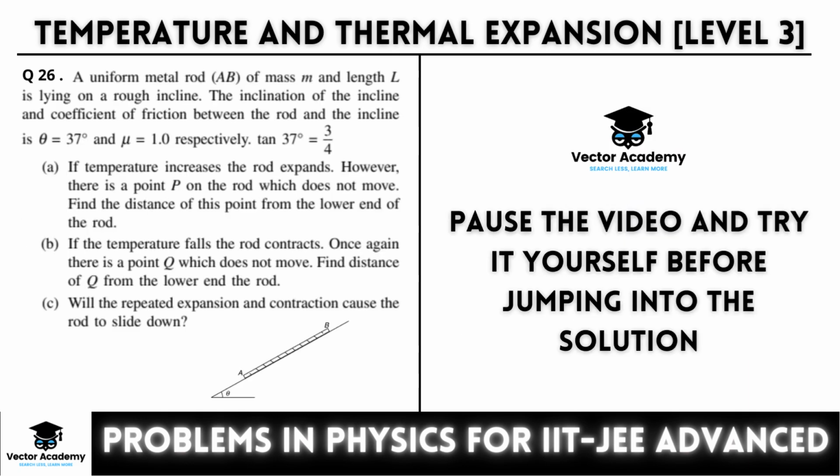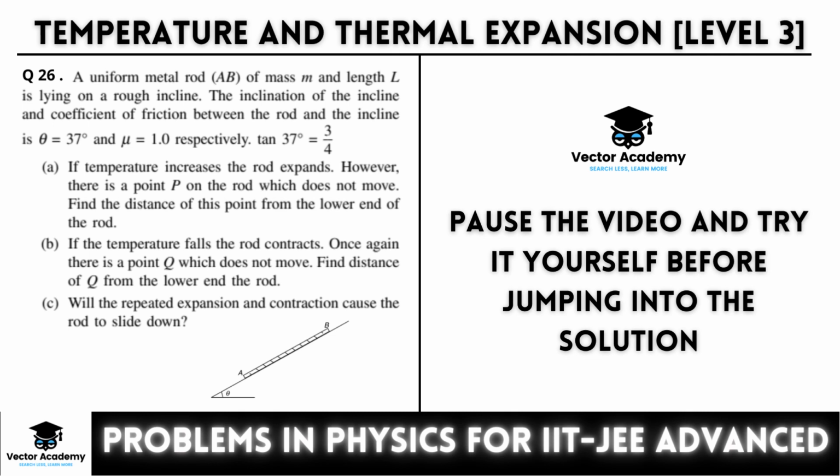Question 26. A uniform metal rod AB of mass m and length L is lying on a rough incline. The inclination of the incline and coefficient of friction between the rod and the incline is theta equals 37 degrees and mu equals 1.0 respectively.